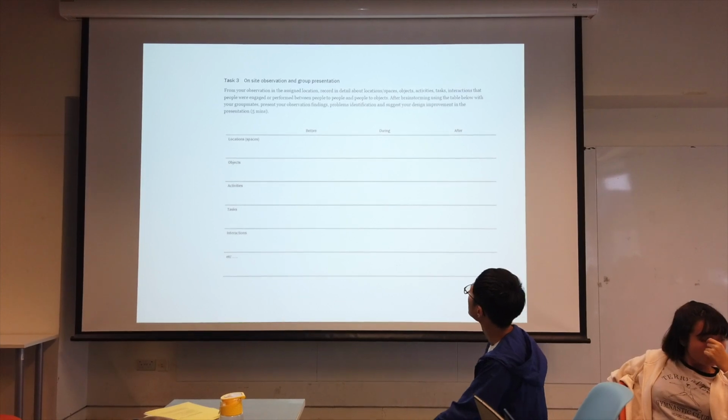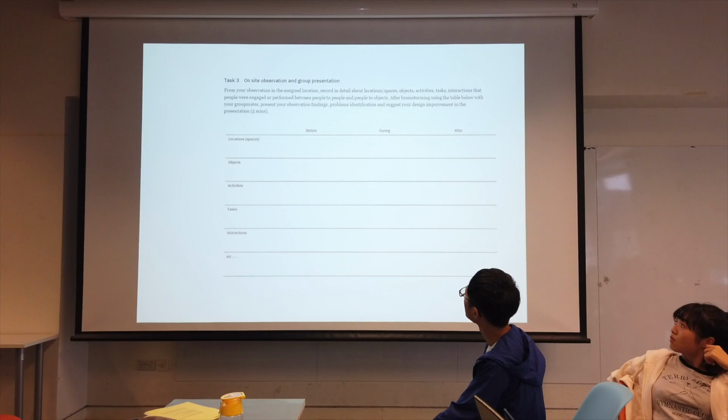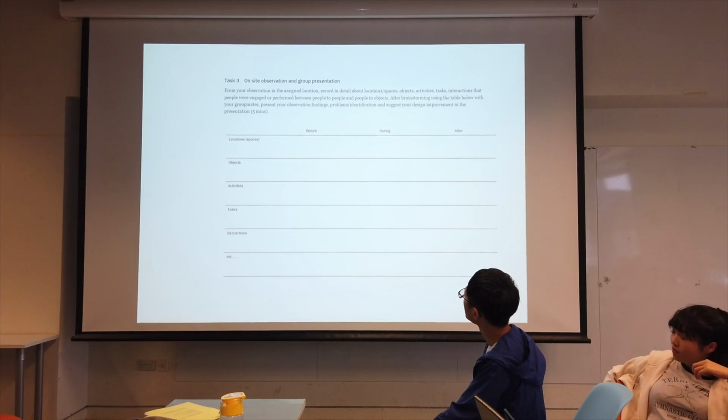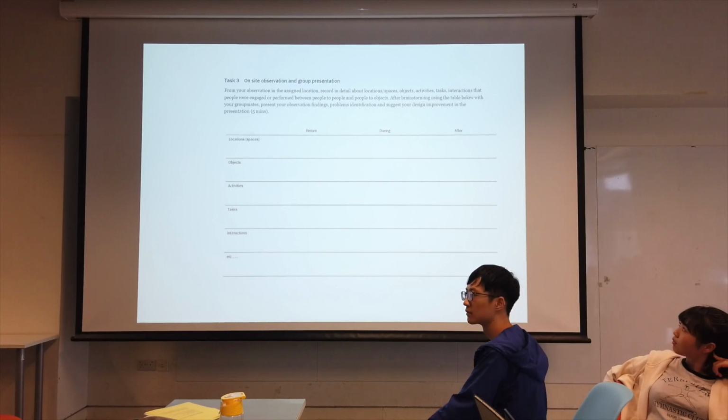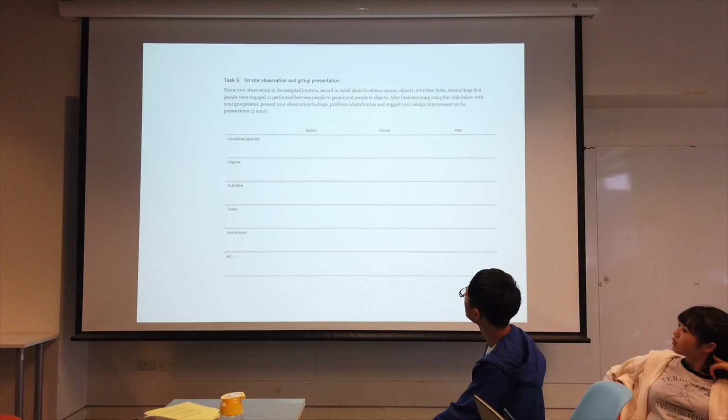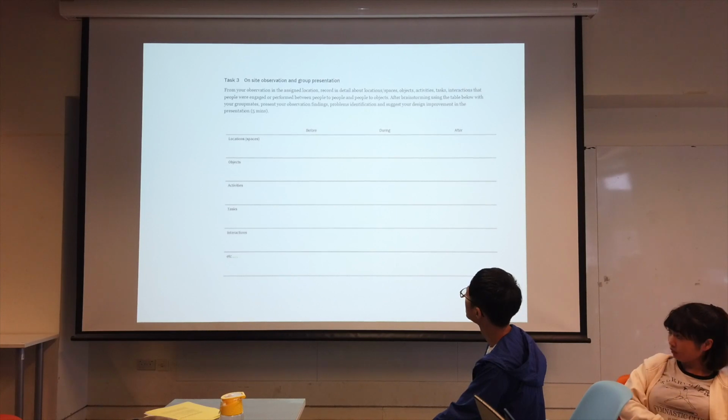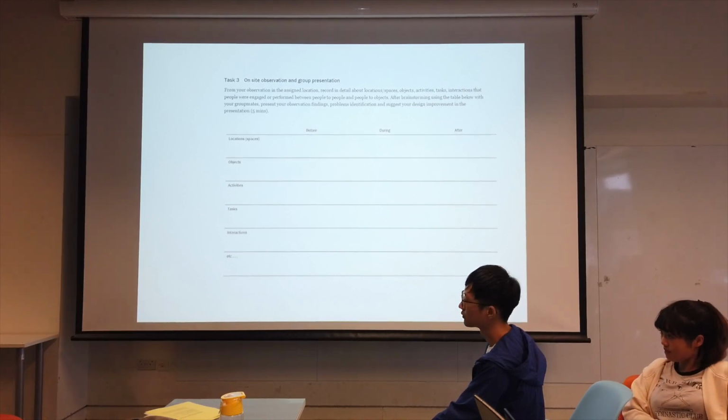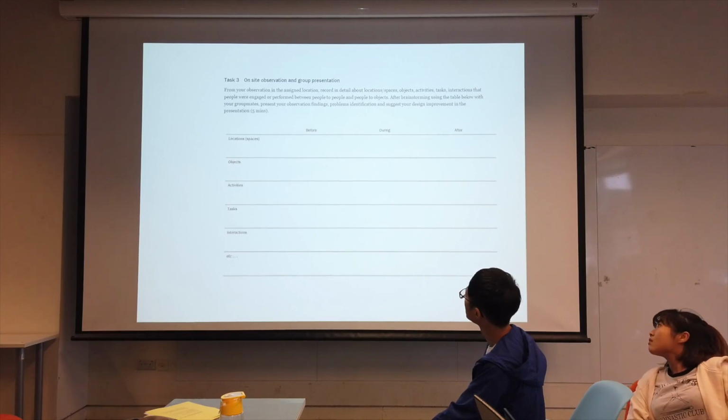The first task is on-site observation based on AEIOU. Because you are not going yet, I want you to first discuss and share your experience of the library or canteen based on AEIOU, and form some preconceptions.